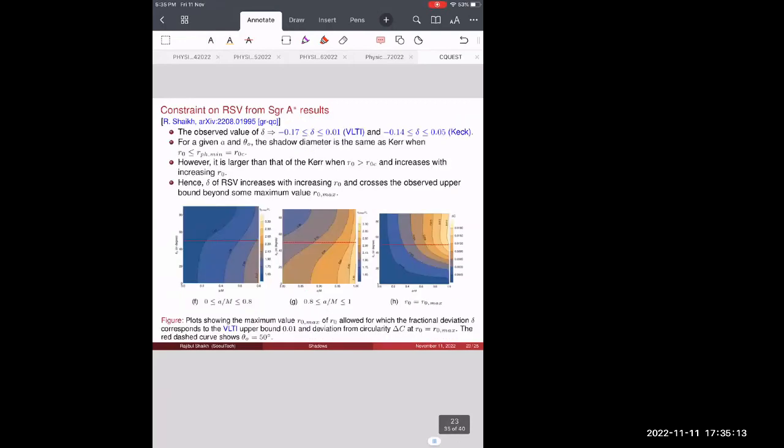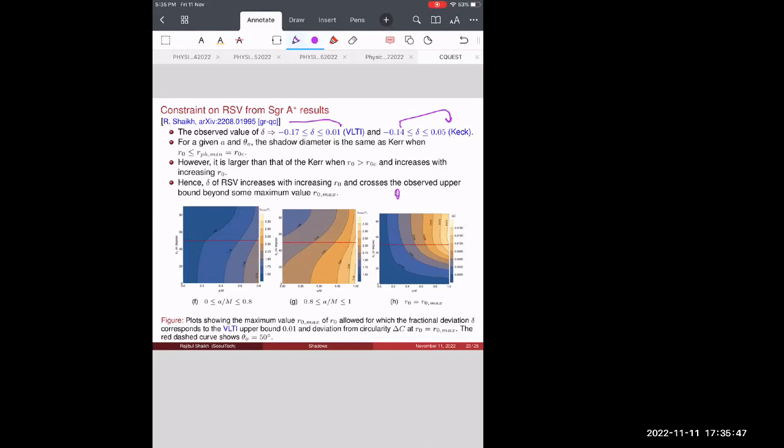So as far as the constraint using the Sagittarius A star results is concerned, remember we will be using the fractional deviation parameter from the VLTI and Keck bounds. Unlike M87 star, where we had the inclination angle of 17 degrees, here we don't know the inclination angle.